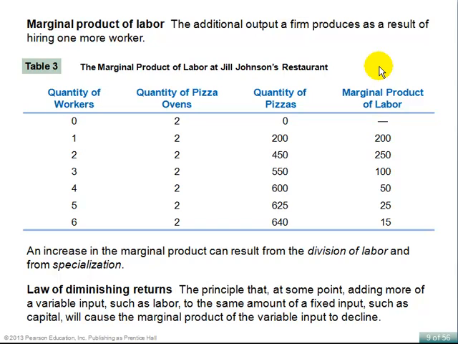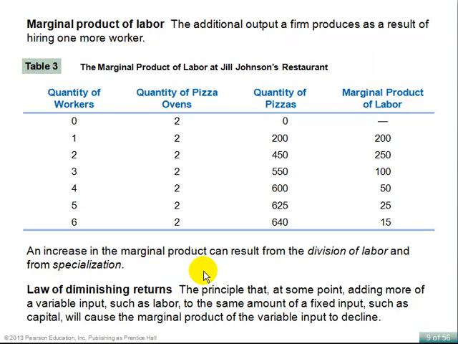By dividing the tasks to be performed, the division of labor, Jill reduces the time workers lose moving from one activity to the next. She also allows them to become more specialized at their tasks.